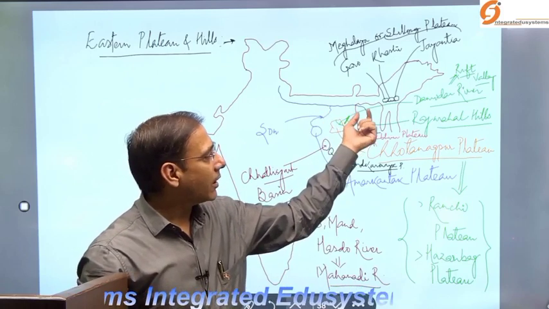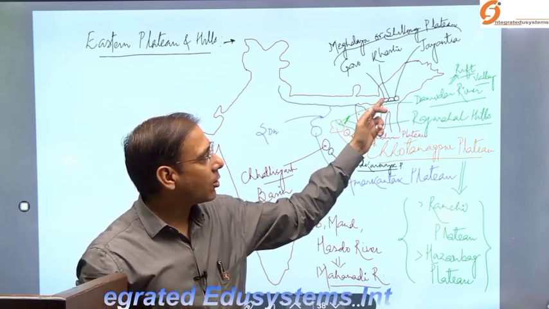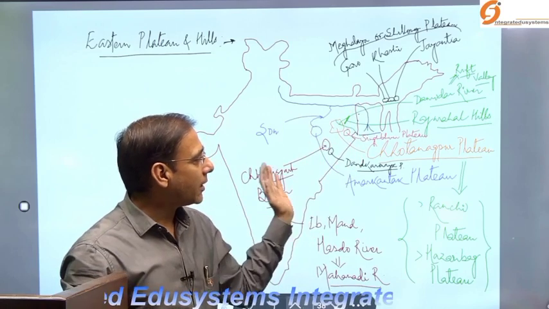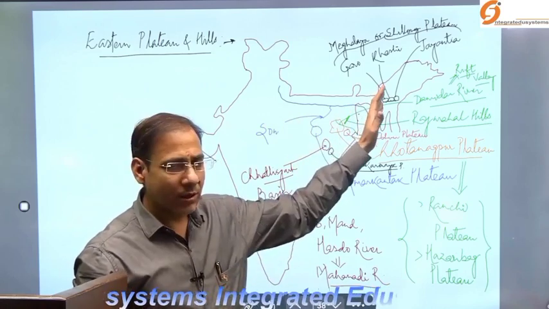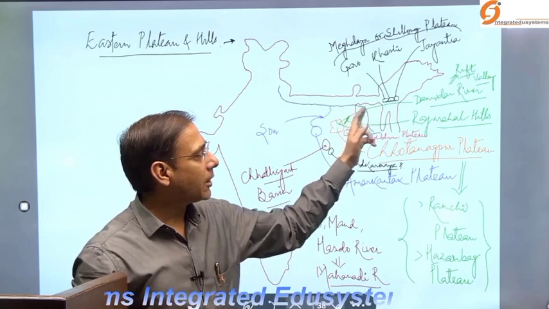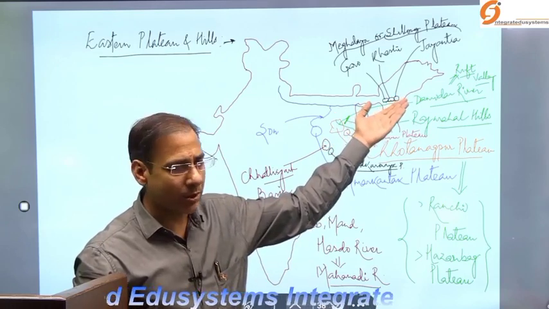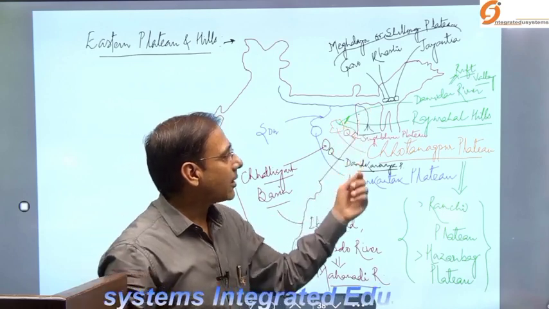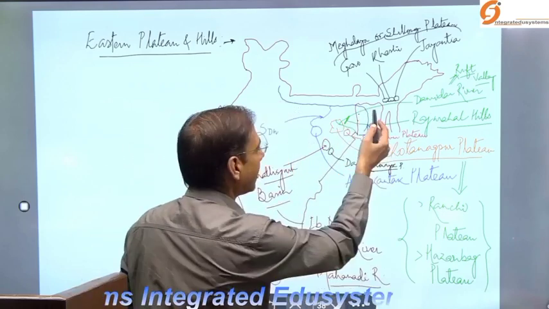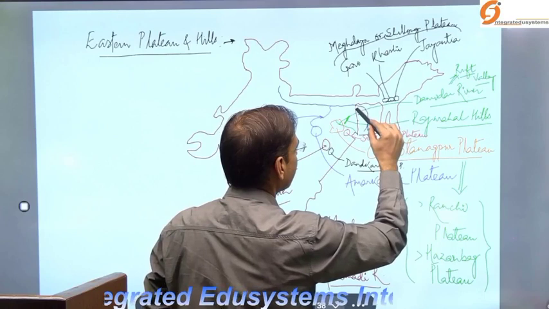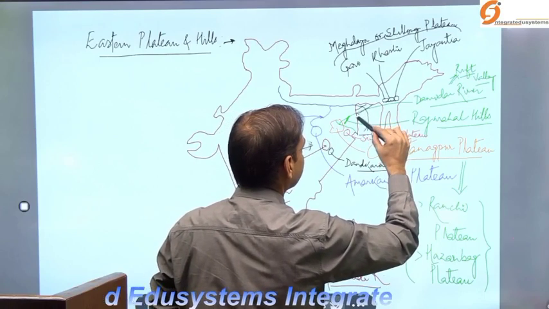Now, when this gap was created, this Shillong plateau was separated from the Indian main peninsular region. Earlier it was part of the main peninsular region because this region was connected with the northeastern part. But the Malda Garo gap creates a gap.